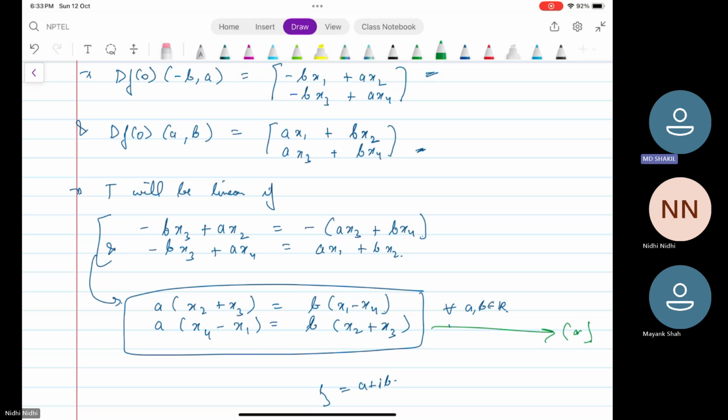And minus bx3 plus ax2 equal to minus of that.